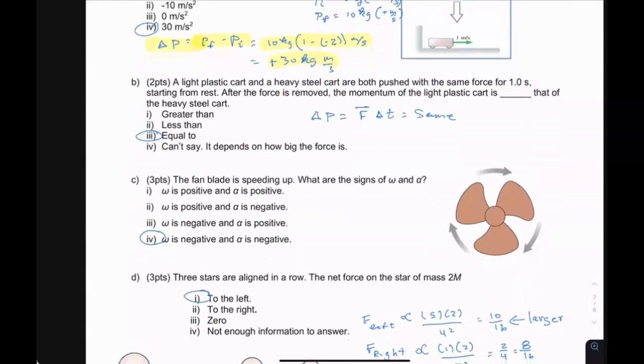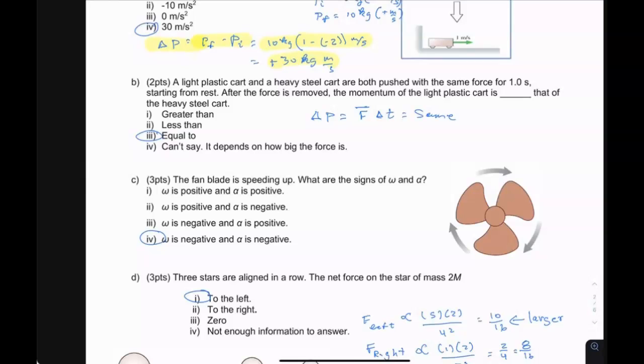In Part B, a light plastic cart and a heavy steel cart are both pushed with the same force for 1.0 seconds, starting from rest. After the force is removed, the momentum of the light plastic cart is blank that of the heavy steel cart.